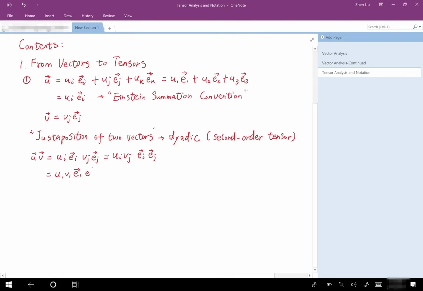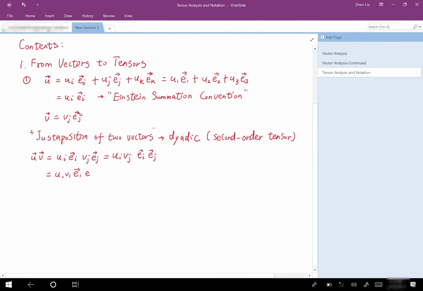I apologize. It's better because we don't know the relationship between them. So here we assume if we use ij something like this, we assume that this. Let's see if we can do it in this way. Because if we use the full notation, we're going to have some confusion because e_1, e_i, and e_j are not necessarily the same thing. Because if we use full notation, you're going to have e_1 e_1. That means these two things are identical. So this is the problem.